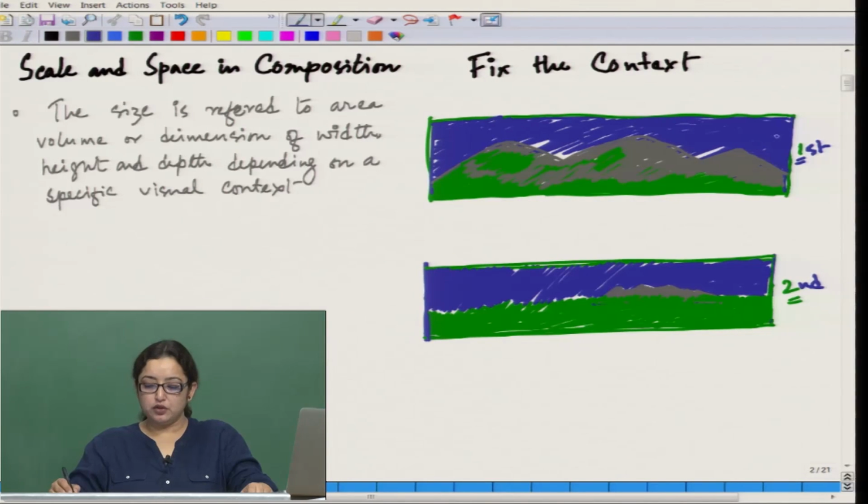It is like when we divide it into the sky, mountain and forest, the three of these things are occupying almost the similar proportion in the context.